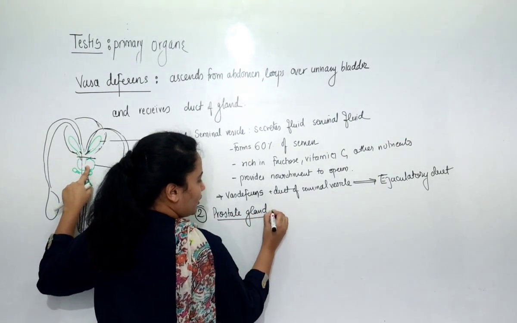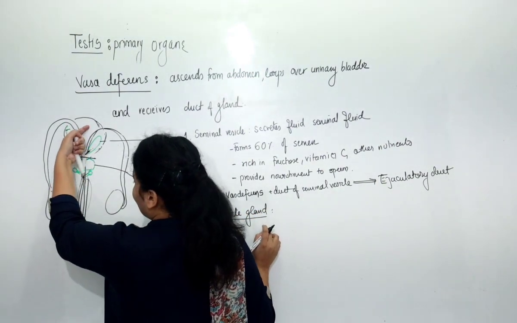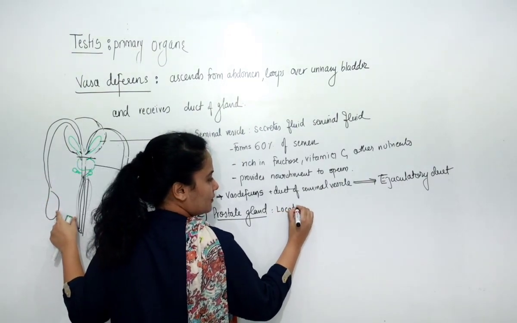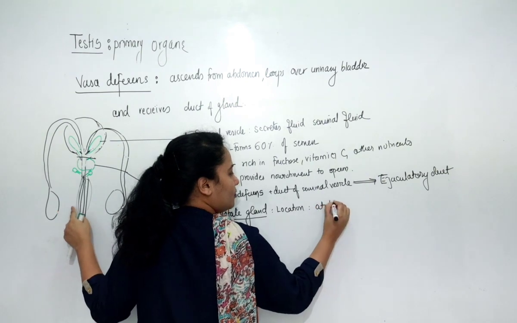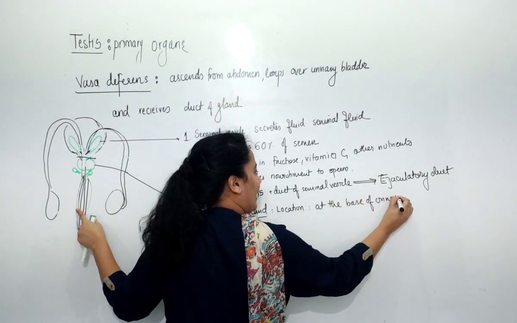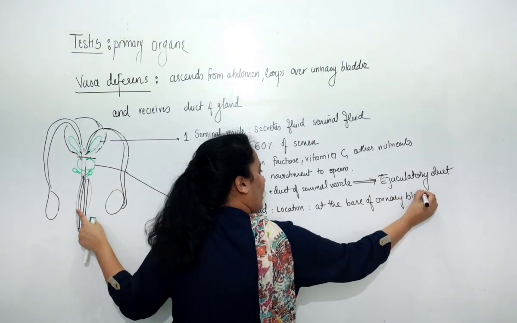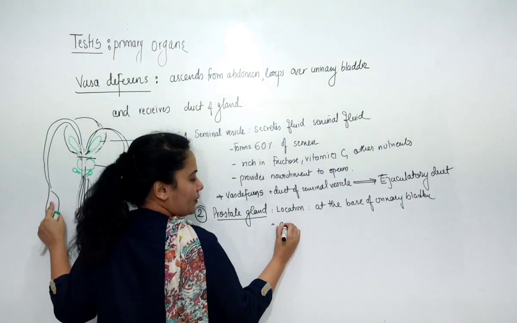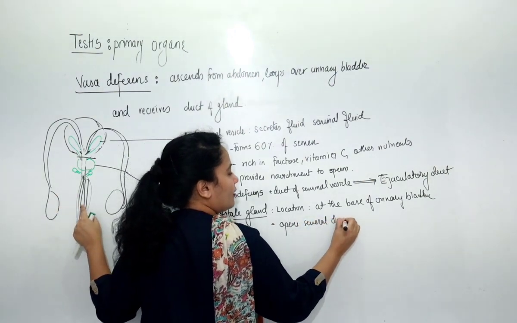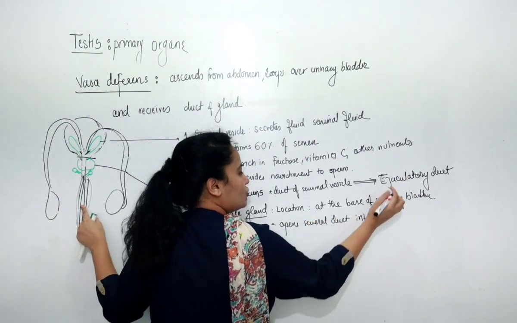Now, the second gland is the prostate gland. What is the location of this prostate gland? It is located at the base of the urinary bladder, and it opens through several ducts into what?